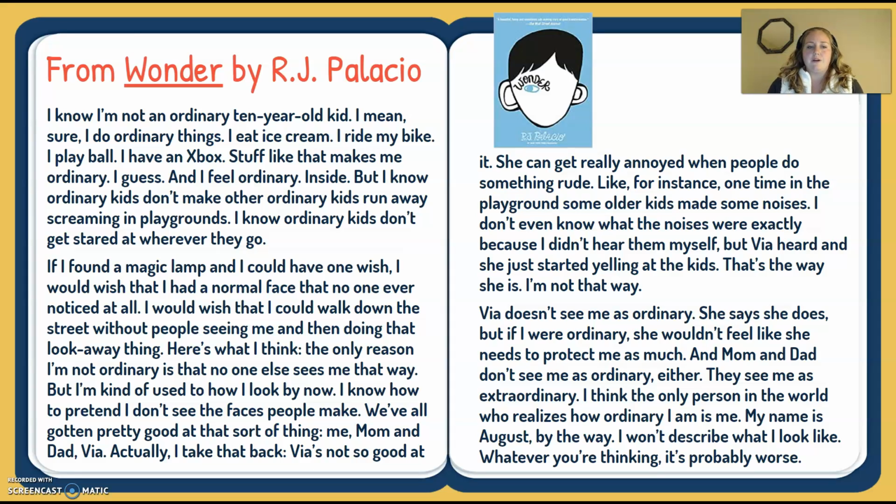But I know ordinary kids don't make the other ordinary kids run away screaming in playgrounds. I know ordinary kids don't get stared at wherever they go. If I found a magic lamp and I could have one wish, I would wish that I had a normal face that no one ever noticed at all. I would wish that I could walk down the street without people seeing me and then doing that look away thing. Here's what I think.